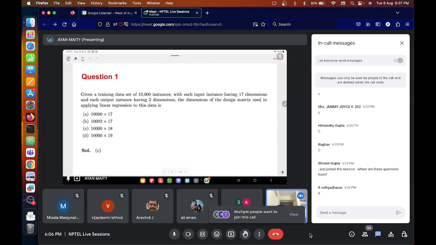So the design matrix basically means the X matrix that you will see in case of linear regression. So in linear regression we try to model Y as Y equals X into beta. So here X will contain the whole training data set.